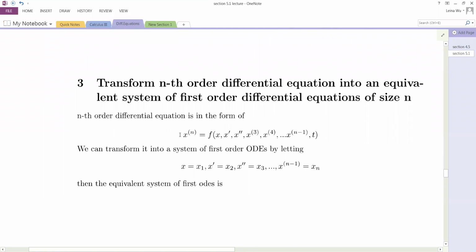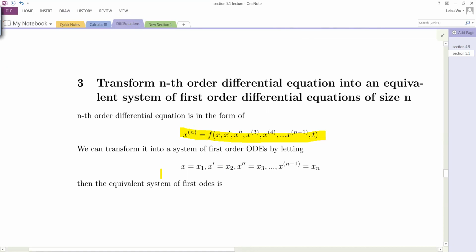Basically it looks like x to the nth order equals a function that depends on all the lower order derivatives of x and the independent variable t. We can transform this into a system of first order ODEs by doing some manipulation.